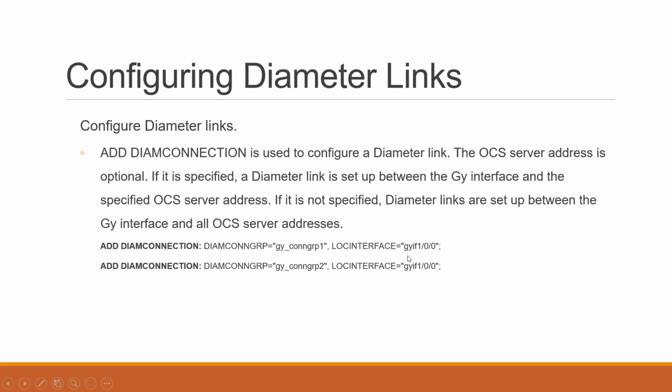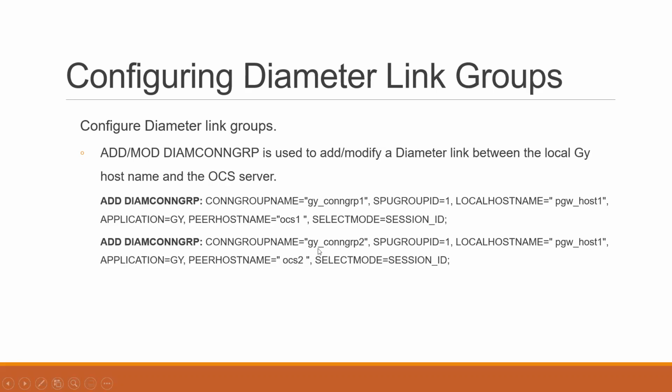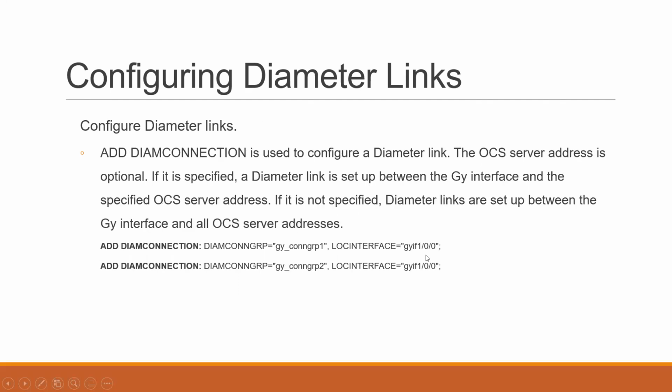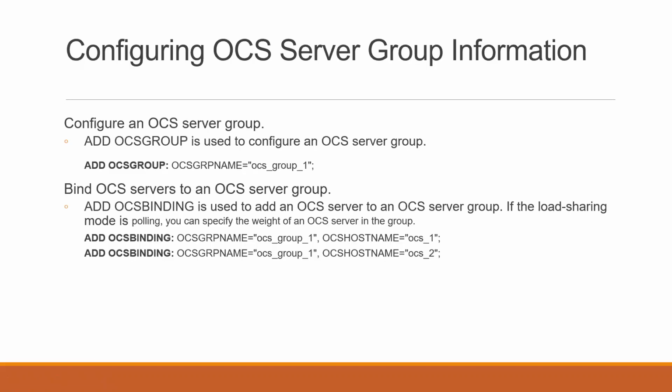So if this PGW wants to communicate with this OCS, it is going to communicate via this local interface. Adding a diameter connection is essential in order to ensure that you have active connectivity between your local host and your peer node.